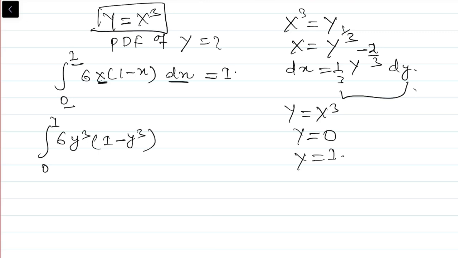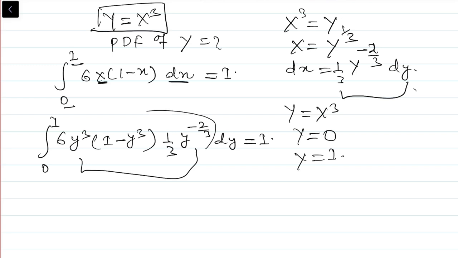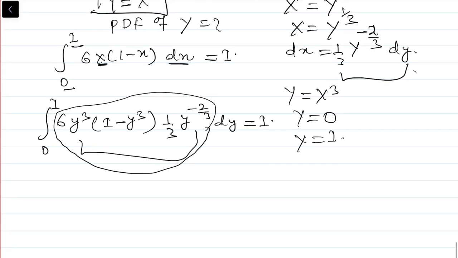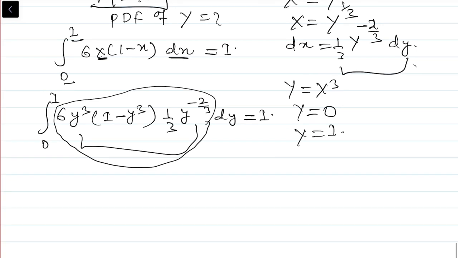And what is dx? dx is 1 over 3 y to the power minus 2 over 3 dy, and this whole thing is equal to 1. This means this thing should be the PDF of y, right? Because the integration of the PDF is equal to 1.